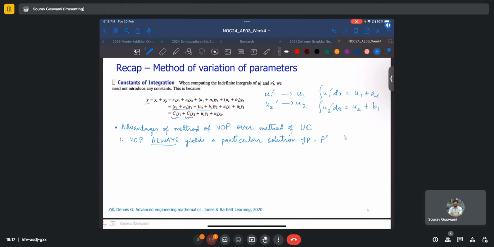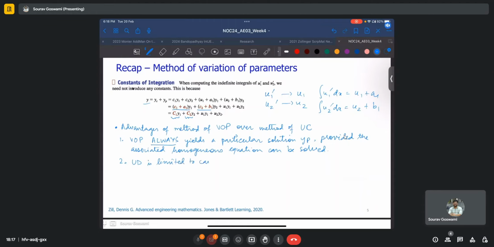Of course, provided it exists, or provided the associated homogeneous equation can be solved. A second is that the method of undetermined coefficients is limited to a very select few elementary function types.